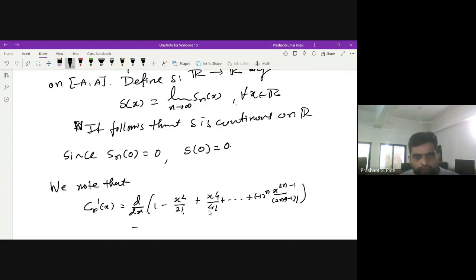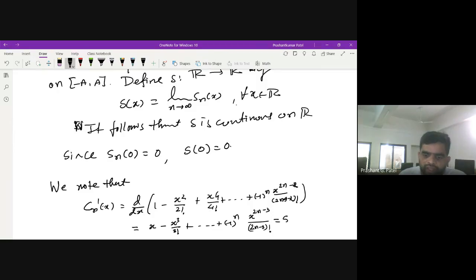To take the derivative, you will have x minus x cubed by 3 factorial plus so on, minus 1 raised to n, x power 2n minus 1 upon 2n minus 1 factorial. What is this?